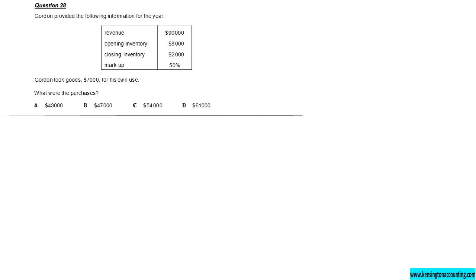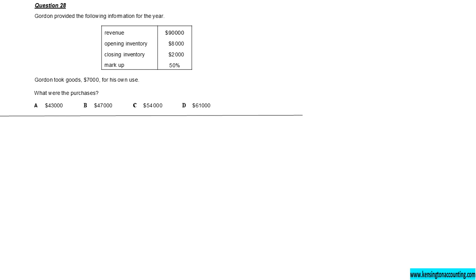If we have markup and revenue, we can calculate the gross profit and cost of sales. Now, if we can calculate cost of sales, we have opening inventory, closing inventory, and drawings of goods. Therefore, we can find purchases as a closing balance.